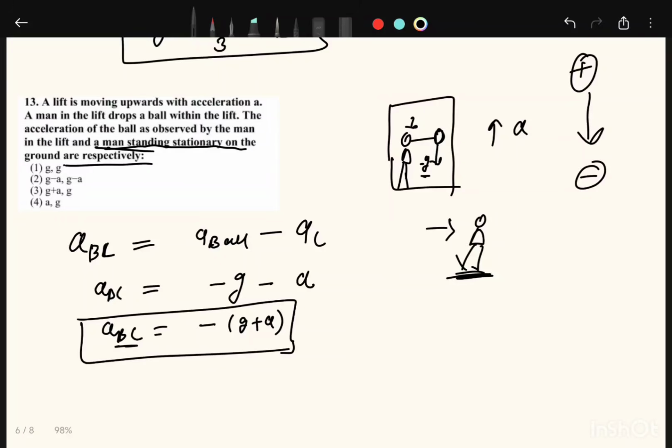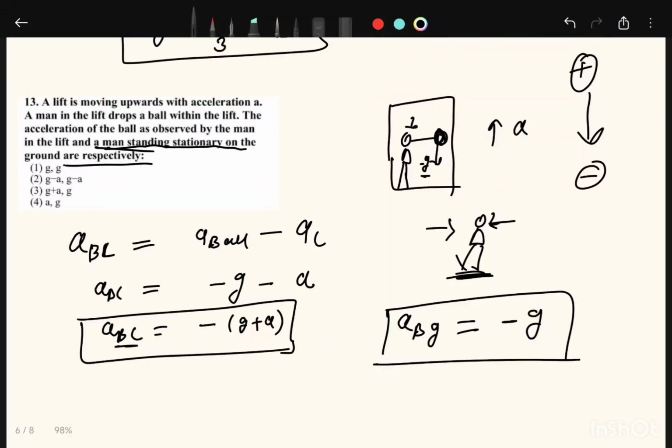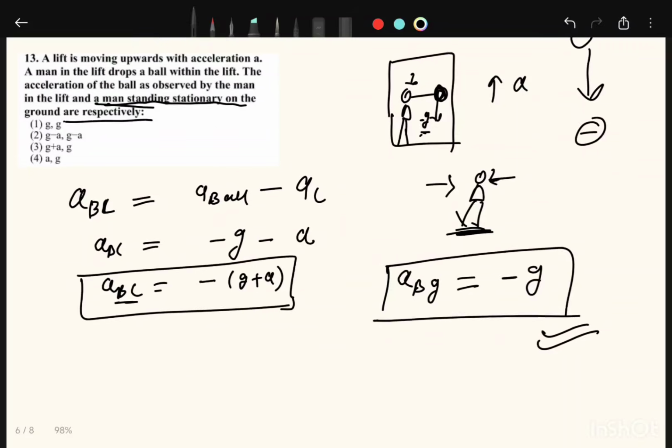With respect to this man, there is no effect of the lift's acceleration on the ball. So the acceleration of the ball with respect to the person at the ground will be nothing but the acceleration due to gravity, and this man will see that the ball is falling downward with the gravitational acceleration. I hope it is clear.